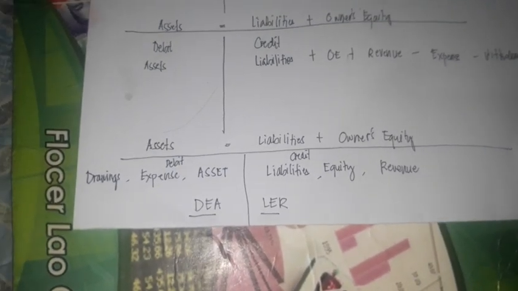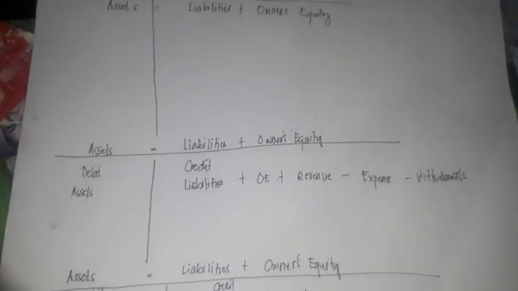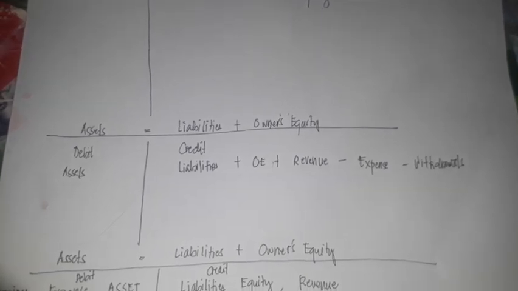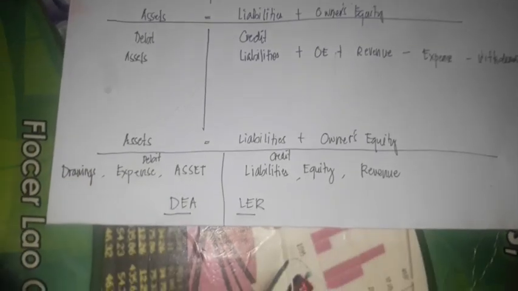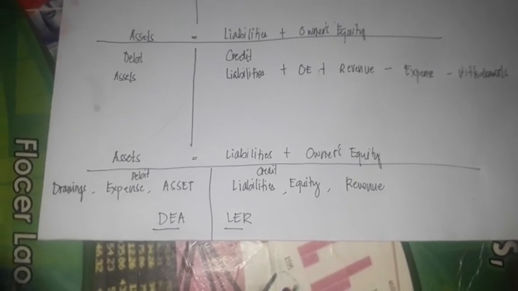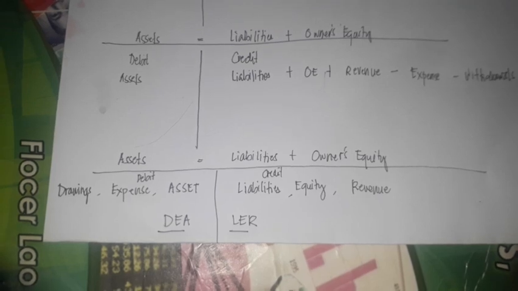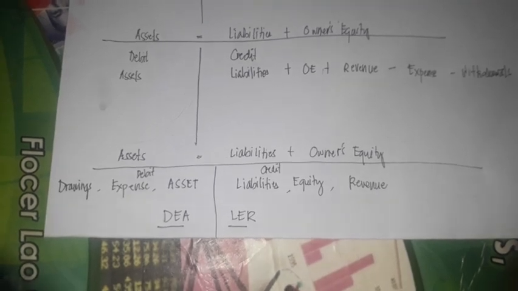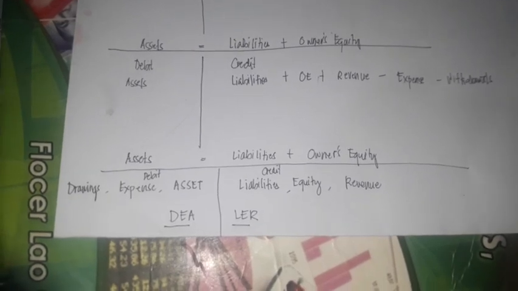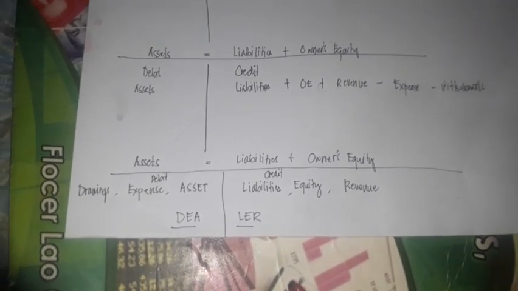Okay, so kanina, ito po yung basic accounting equation natin na in-extend natin ang ating accounting model. So now, in-apply na po natin ang transposition sa ating accounting equation for the sake na ma-master po natin ang ating debits and credits. So ito na po. So i-transfer na po natin ang ating withdrawals.